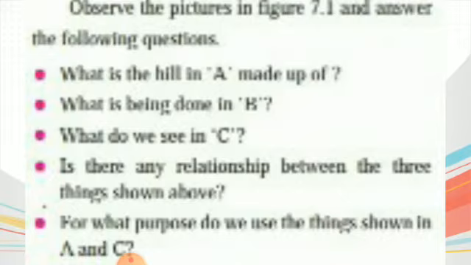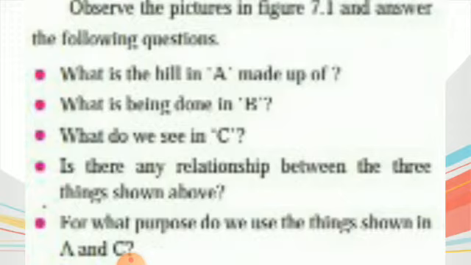Is there any relationship between the three things shown above? Yes, there is a relationship between these three, that is, by using machines rocks are extracted from the hills and rocks are further split into stones.